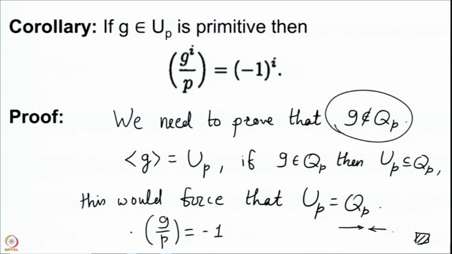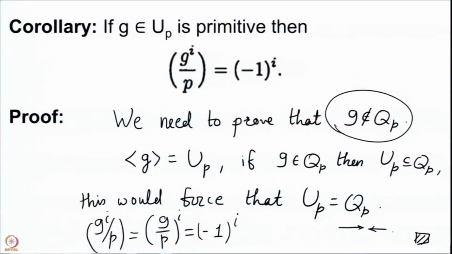Then it follows quite easily that the Legendre symbol of G power I with respect to P is the Legendre symbol of G with respect to P to the power I, because we have seen that the Legendre symbol is a multiplicative homomorphism, and so we get this to be minus 1 to the power I. So, a very simple fact will tell you that you can compute the Legendre symbol of every element once you know a primitive element.